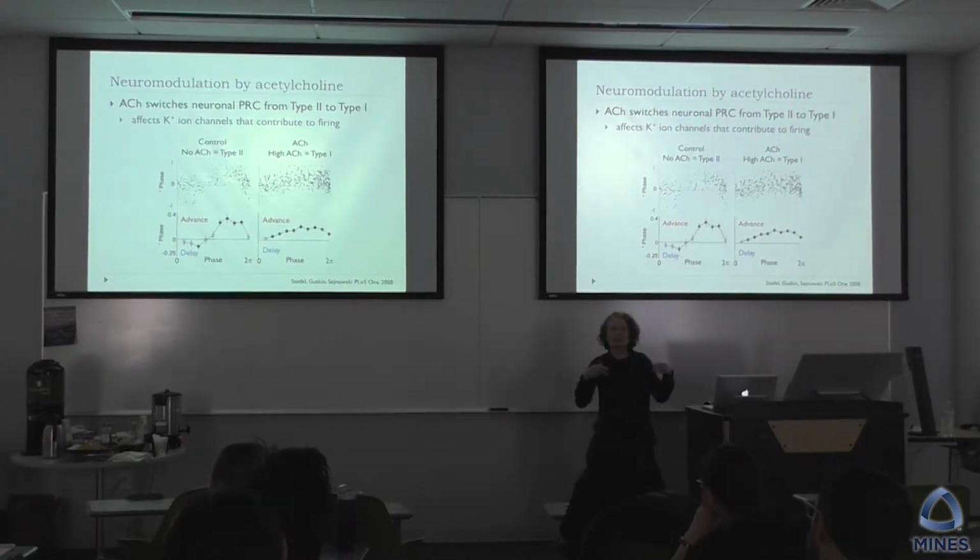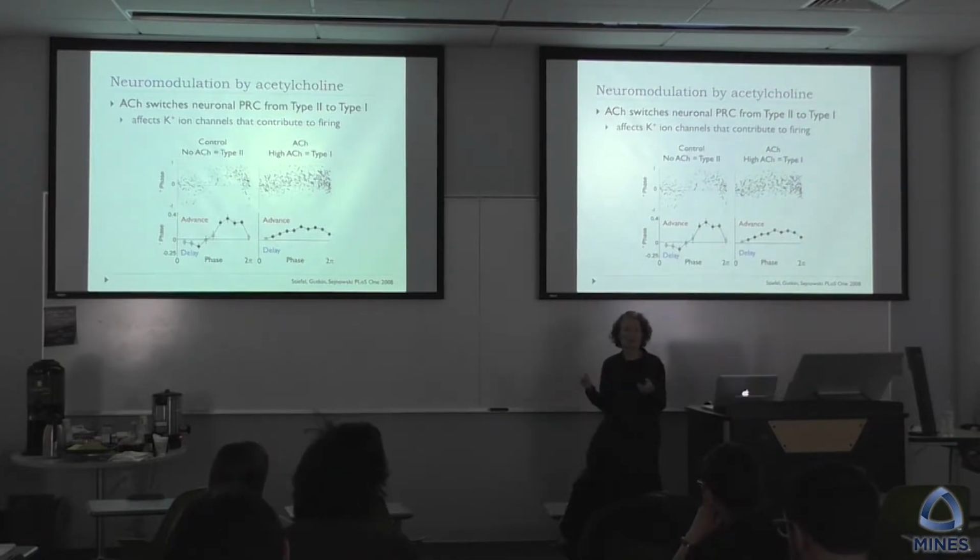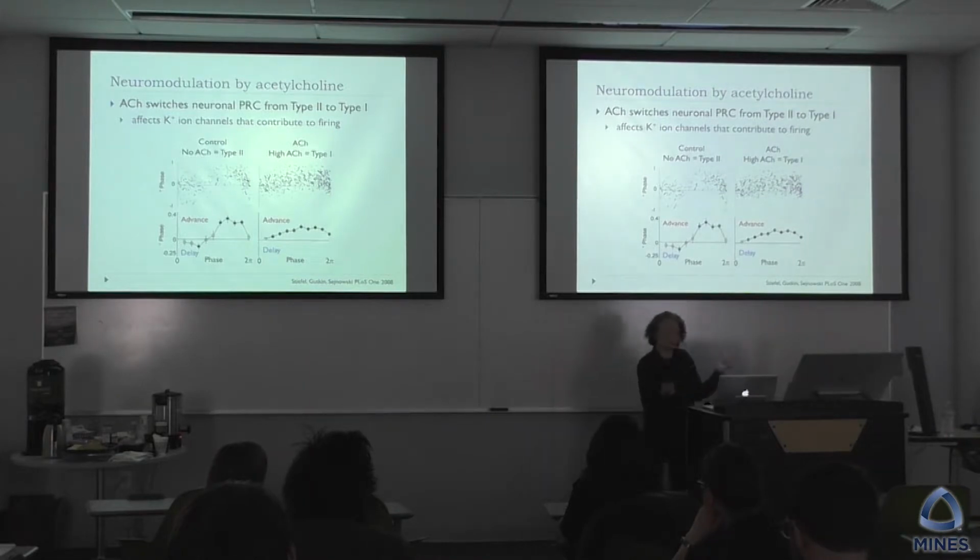So in a way, we can extrapolate to how an individual neuron embedded in a network is going to respond to network activity, or how it's going to respond when neurons are coupled together. So it gives us some insight into, if neurons are coupled together with specific types of phase response curves, how are they going to respond to each other? How are they going to fire, say, relative to each other?